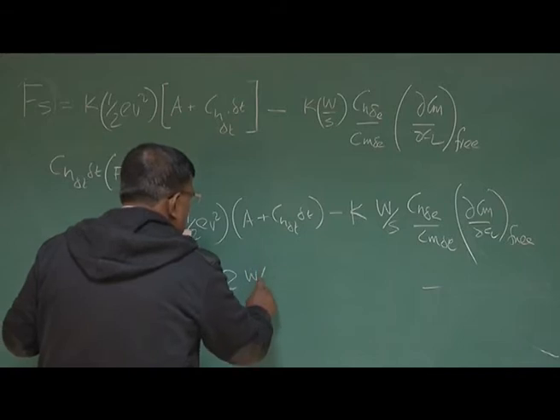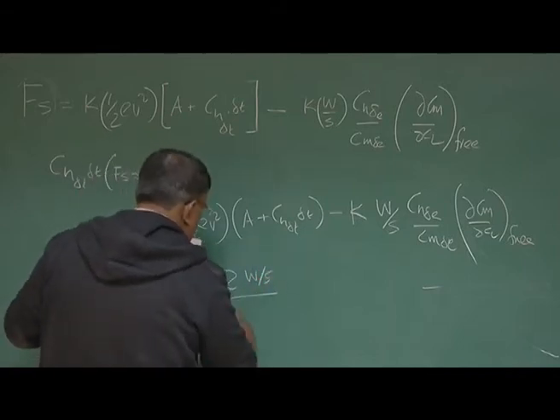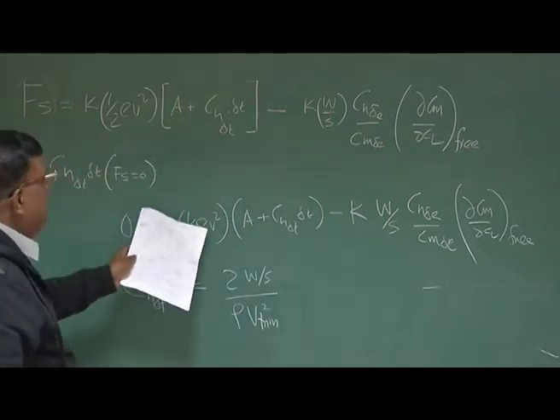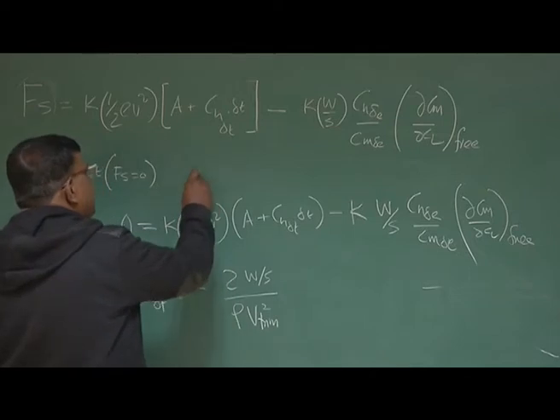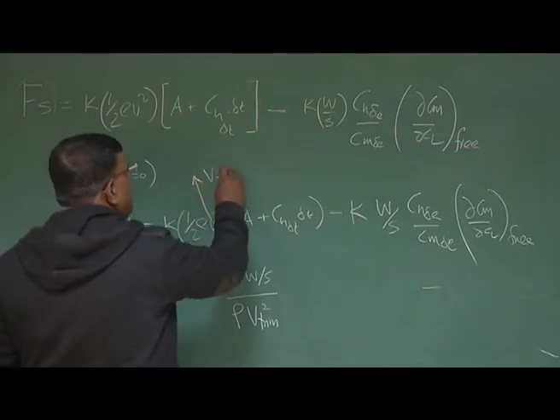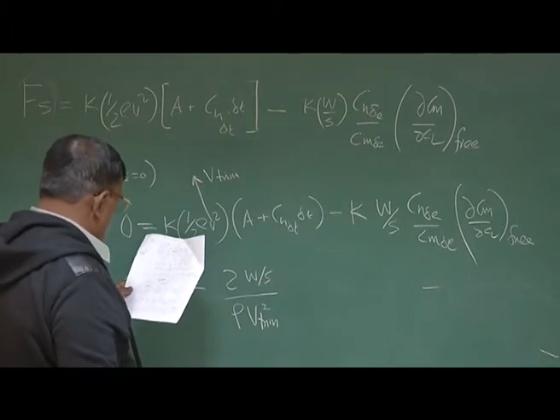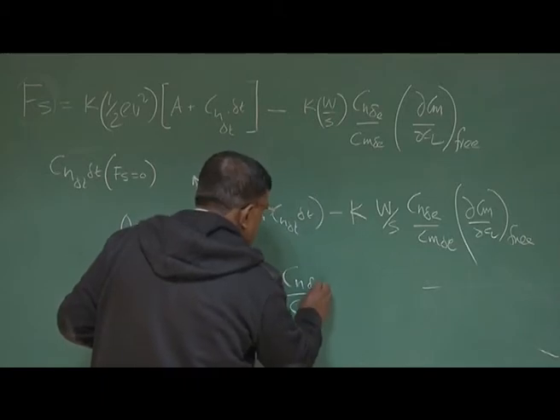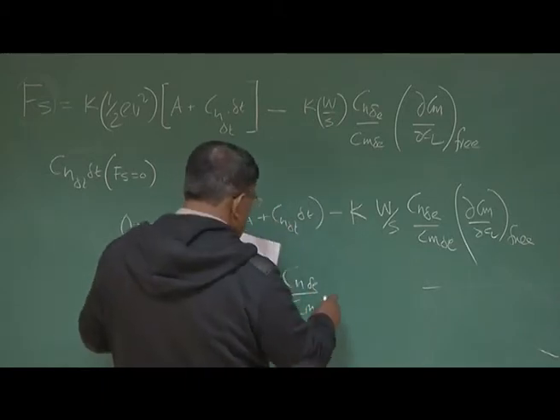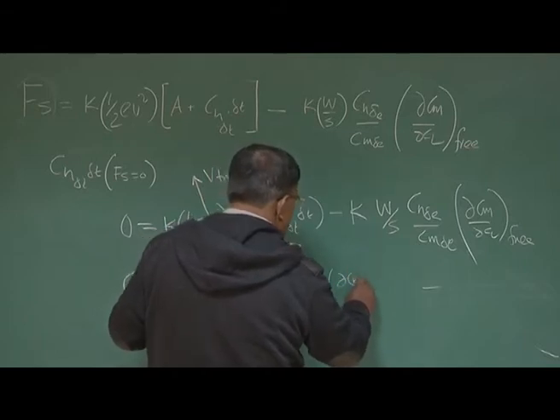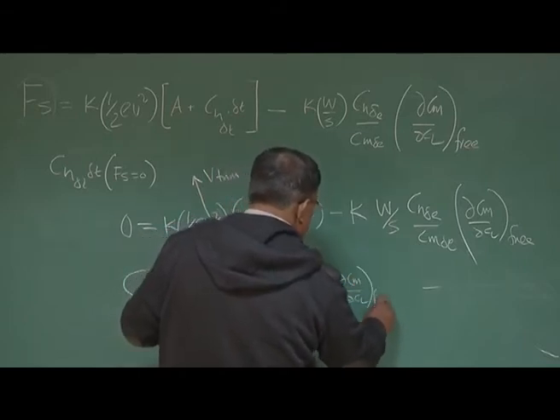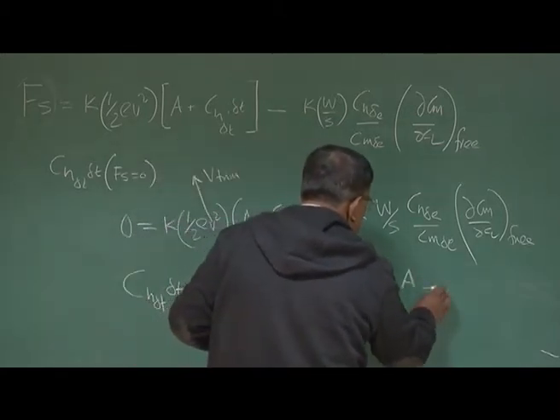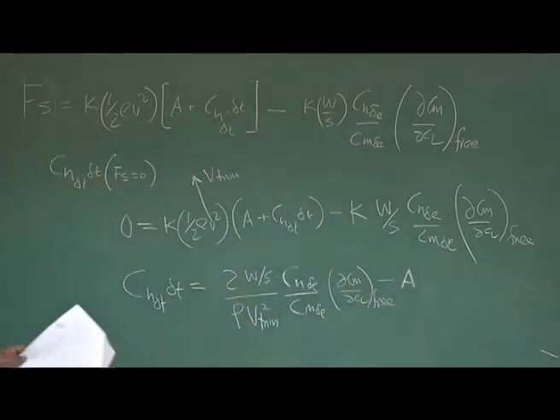It will be 2W by S, by rho V trim square, right? Now once Fs is 0, V is nothing but V trim. So this will be 2W by S over rho V trim square, times Ch delta e by Cm delta e, times dCm by dCl free, right, minus A. A is here, and you know the expression for A.